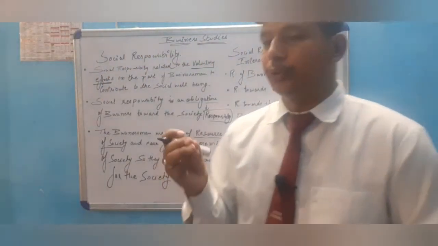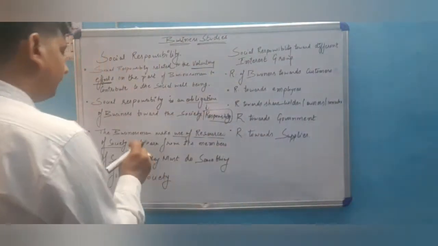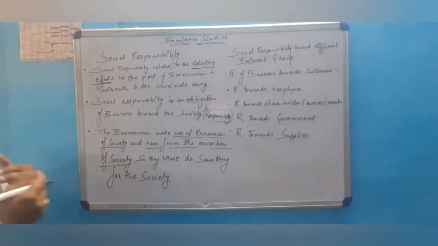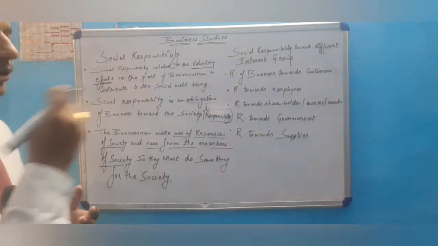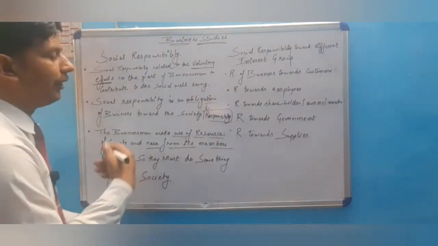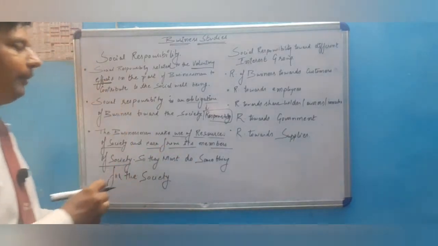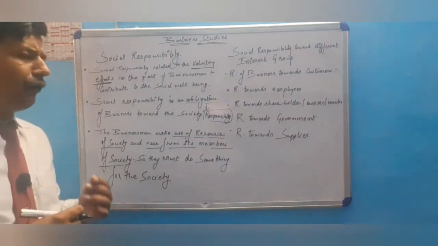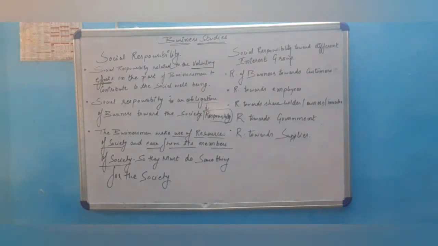He uses the resources of the society and also earns from the members of the society. So he must do something for the society, for its welfare, for its upliftment, for the betterment of the society.